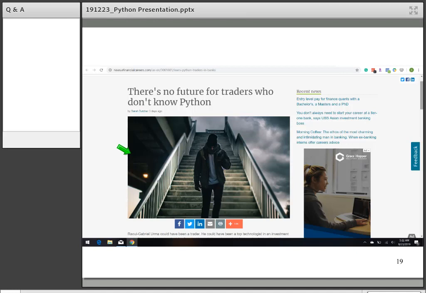This came from eFinancialCareers, which is basically what the industry uses as a resource to guide them in their careers at various stages, all the way from entry level up to senior positions. They wrote an article a few months back, and the article said there's no future for traders who don't know Python. And we're seeing this more and more. The people who have gone through, for example, our Python class are far from the things they're able to do.